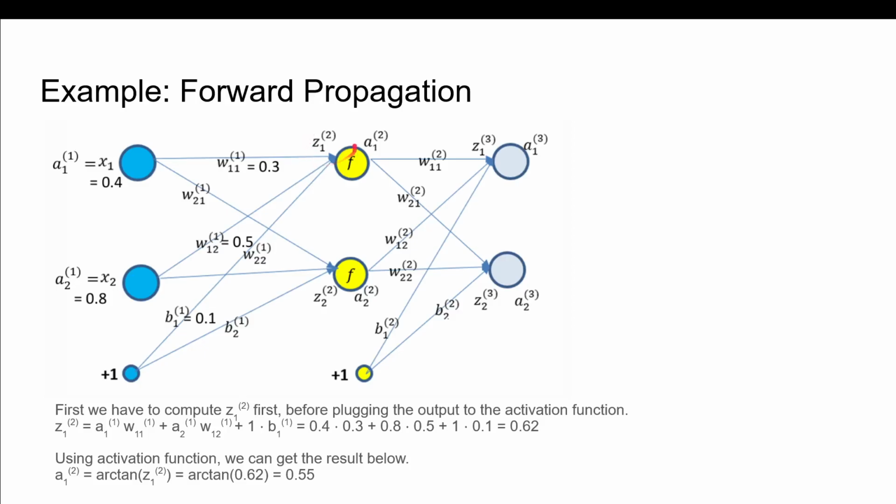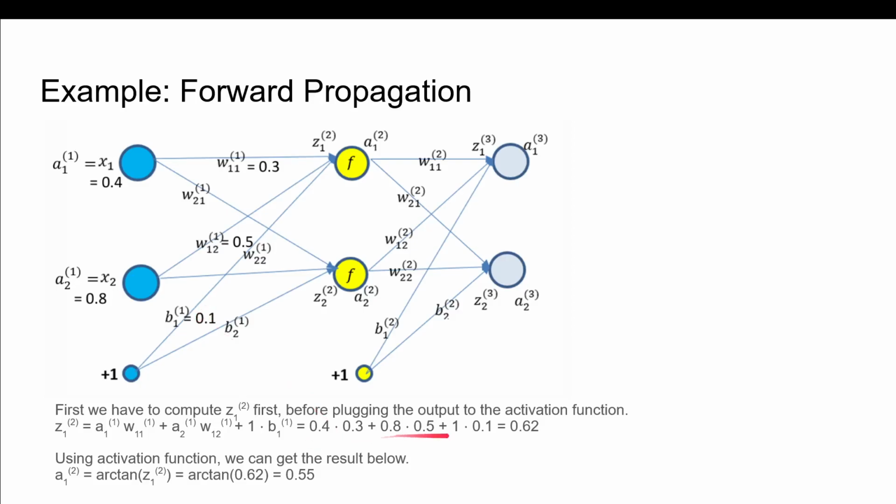A12 is basically Z12 after being plugged into the activation function. Z is the result of the weighted sum. So to compute Z12, we do the dot product: 0.4 times 0.3, plus 0.8 times 0.5, and the last one is 1 times 0.1, which is the bias.